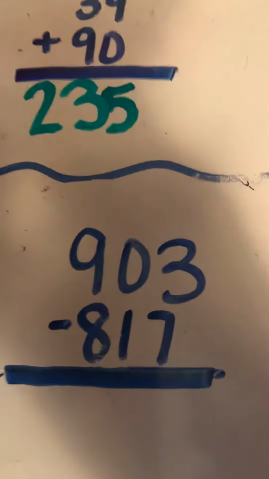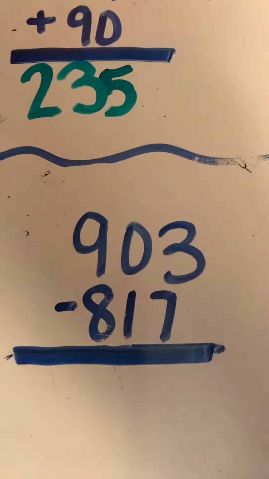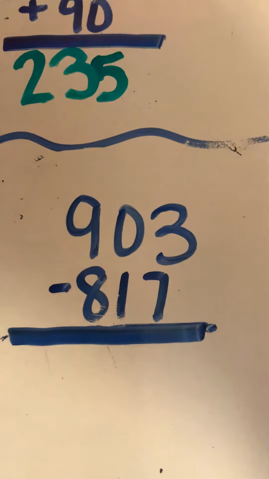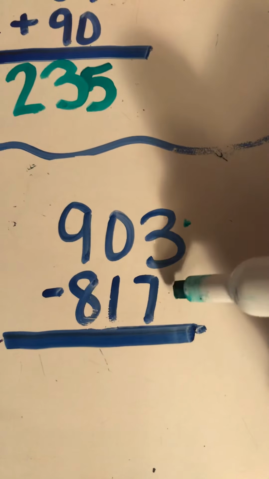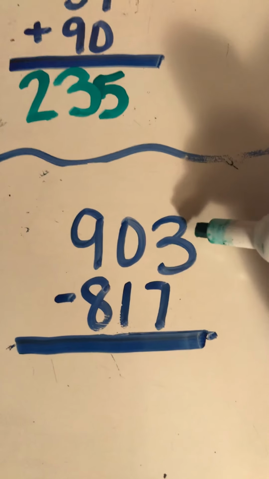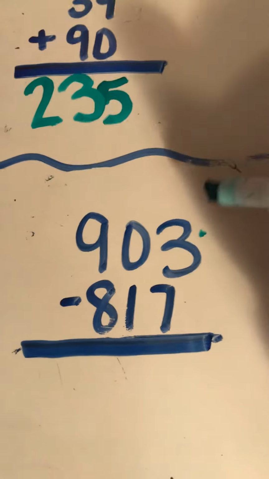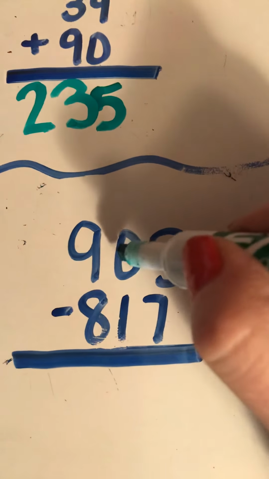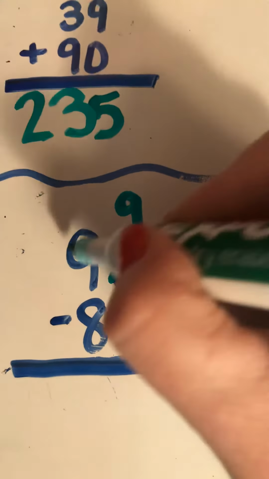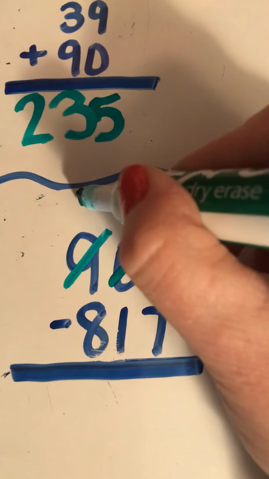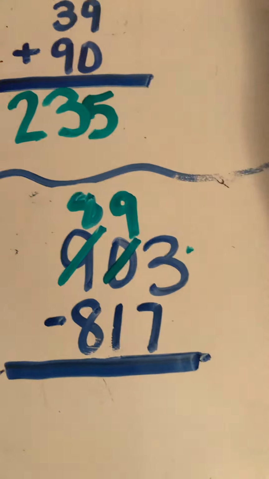The next problem is on the back side of the worksheet. It is number 4, and it is a 3-digit by 3-digit subtraction problem. So I look here, I have a 3 at the top and a 7 at the bottom. I cannot take 3 minus 7. So I have to borrow 10 from over here, which is a 0. So I have to make that a 9, and I have to borrow a 100, so that makes that an 8.